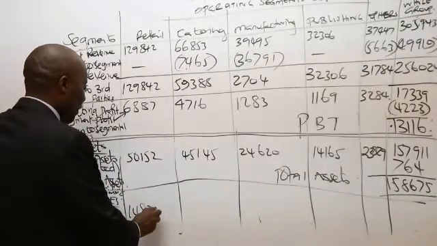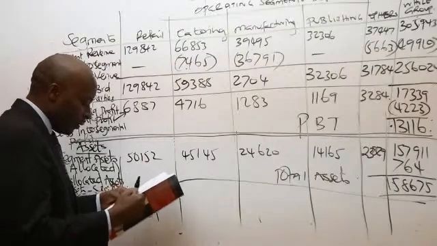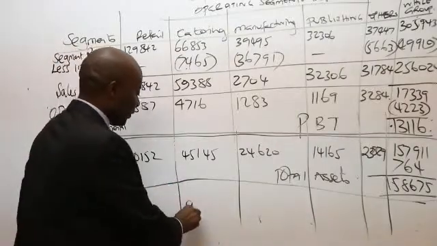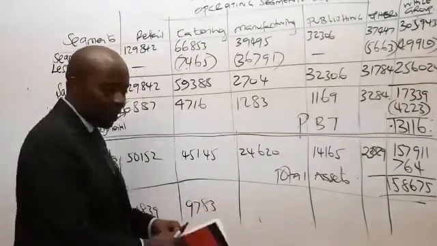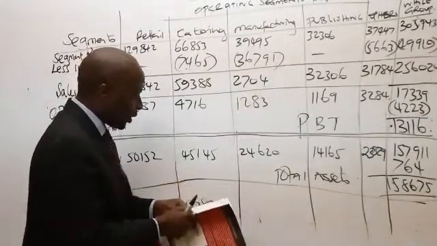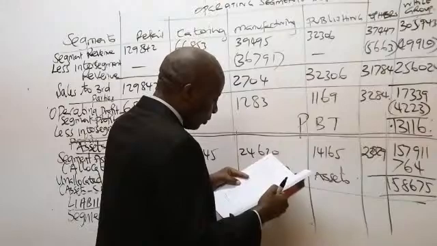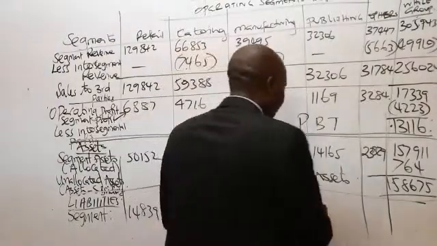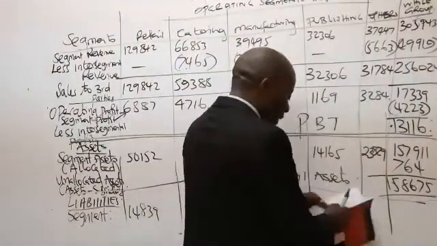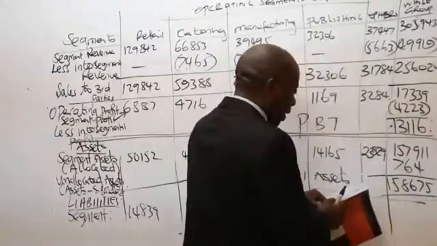From there we have 9,783. From there we have 3,609. From there we have 4,704. From there we have lastly 34,175.